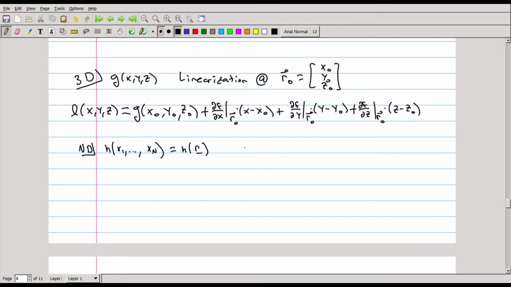So we'll say that r here is the vector x1, x2, all the way to xn. And we'll consider the linearization of the function h around some fixed point r0. So it'll be x1 naught, x2 naught, so on and so forth, all the way to xn naught.